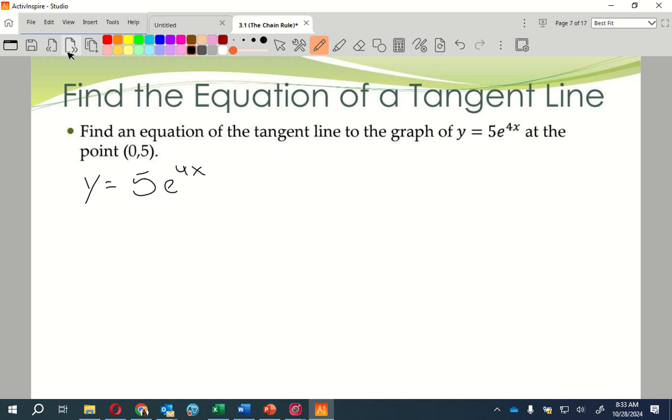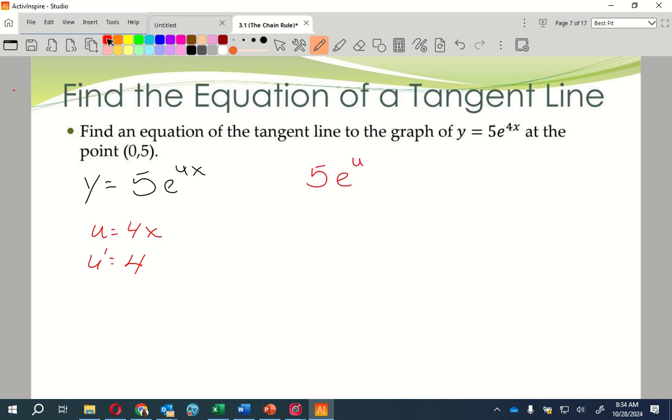Okay, and then I'm gonna u this because I have that. So my u in this case is gonna be what? 4x. U prime is 4. So I'm going to have 5 e to the u.